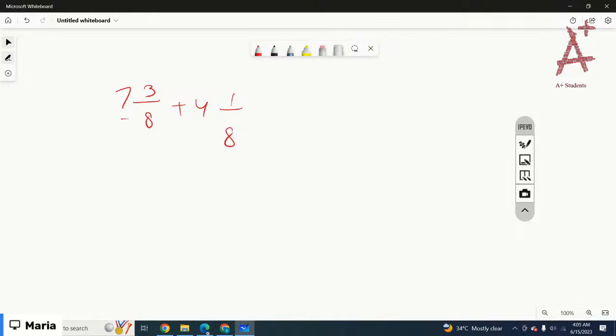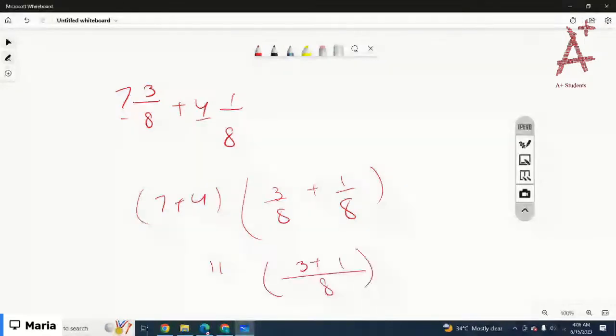Let's add the whole numbers, 7 plus 4, which is 11. Here the denominator is the same, so you add the numerators. The correct option is 11 whole 4 over 8.